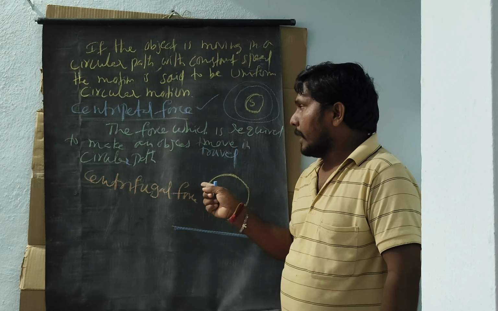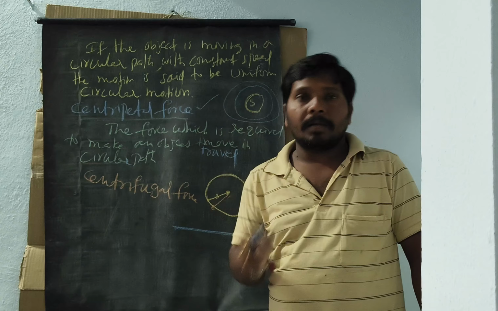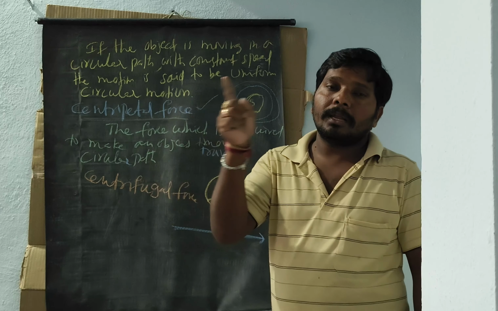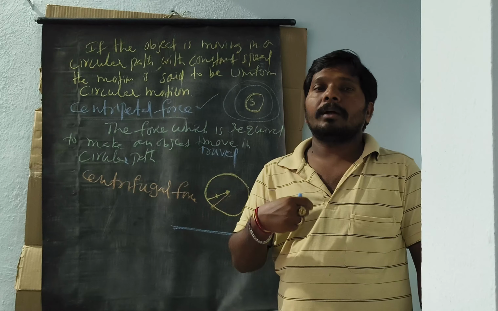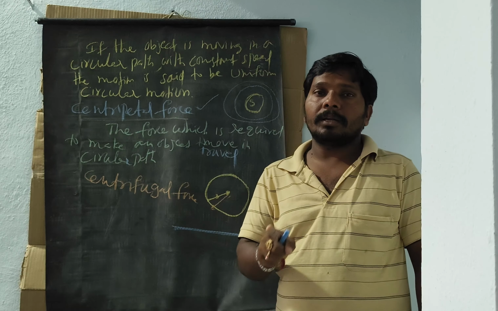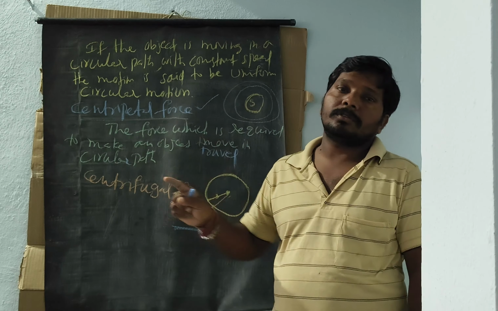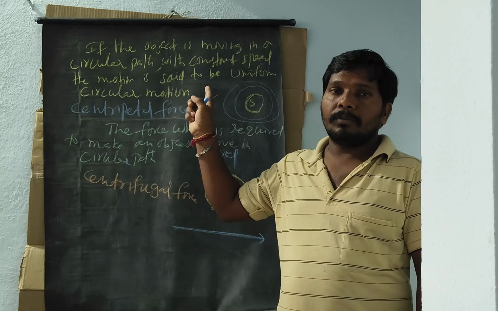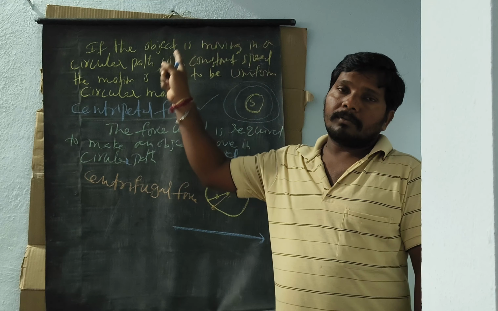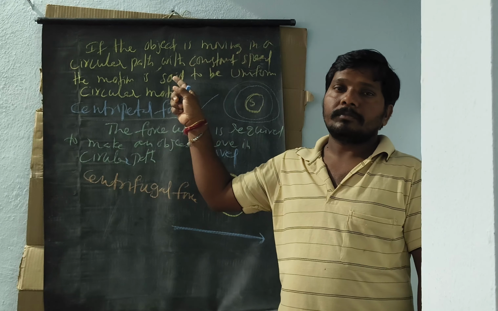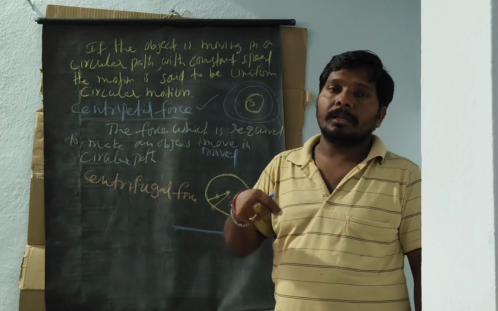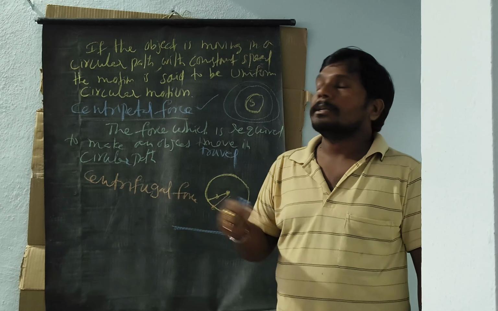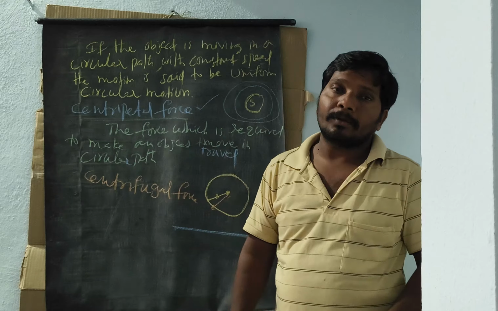To make an object travel in a circular path, we require a force. That force we can call centripetal force. Due to the centripetal force, the planets are revolving around the sun. If any body wants to move in a circular path, centripetal force is required.